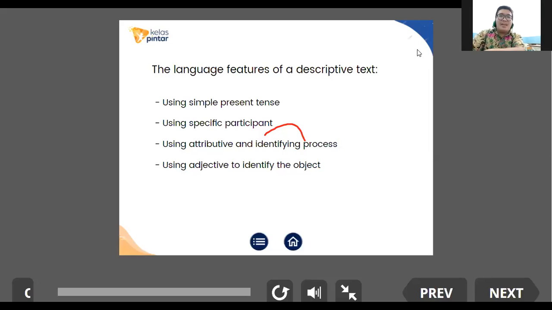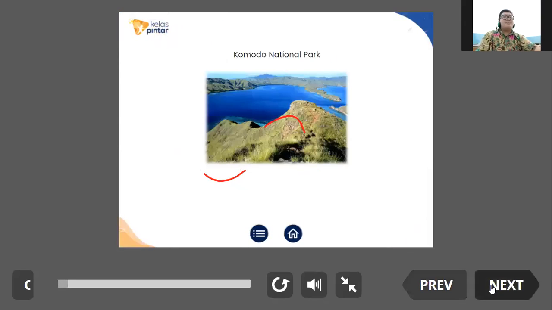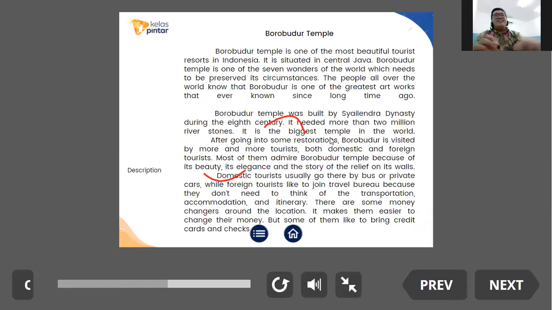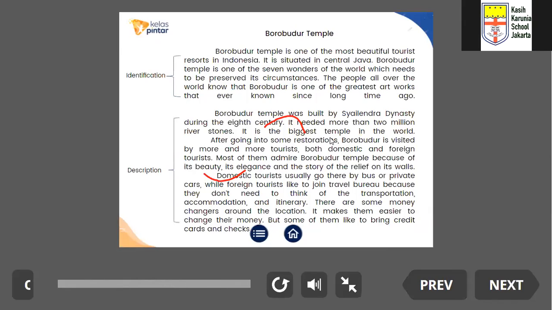And the last point is it uses adjectives to identify the object. Using the adjective to identify the object. Jadi biasanya itu ada kata sifatnya. Let's go back to this one. Look at this one. Mana yang adjektifnya? Which one shows the adjective of the thing?